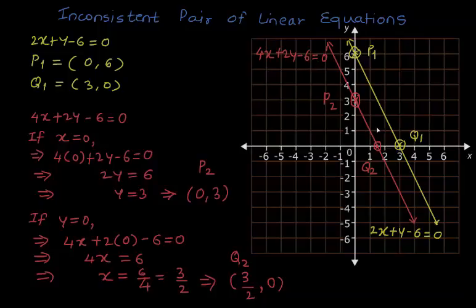Now from the graph it is clear that these two lines P1Q1 and P2Q2 are parallel to each other. Hence these two lines will not intersect each other. That means these two lines will not have any common points. Hence the two linear equations will not have any solution, as the lines are parallel.